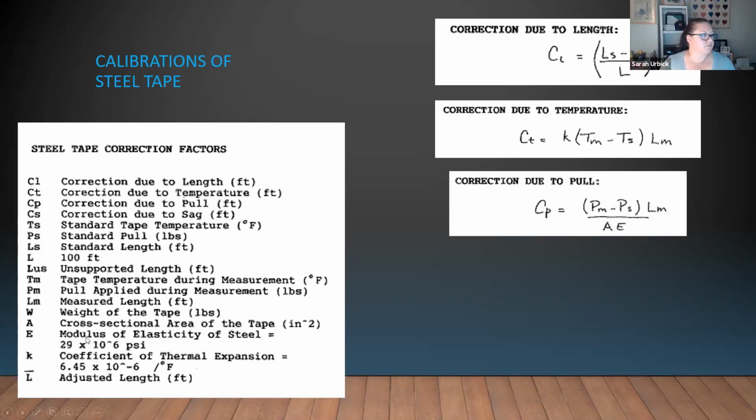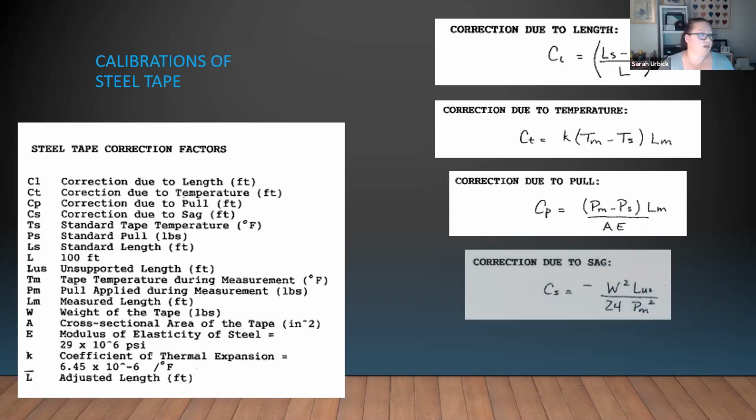Well, it depends on our material. Here we've got the modulus of elasticity of steel. If we're actually using a steel tape, this is a good correction to use. If we're using a regular nylon or fiberglass tape, that's going to have a different modulus of elasticity. So we have to look at the materials we're using. We might have to go look that up.